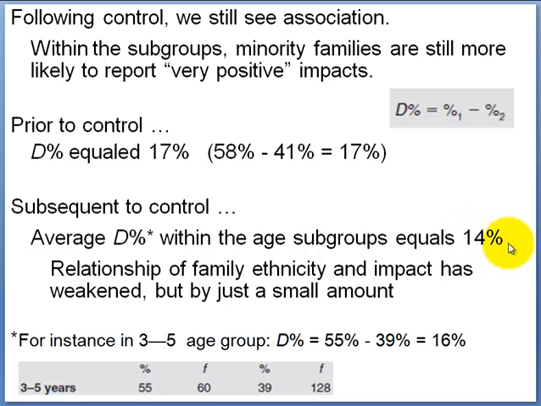So 14% is indeed indicative of a smaller relationship than is 17%, though obviously just barely so. Using this average difference in percentages as a rough barometer, it does appear that within the subgroups, on balance, the relationship of family ethnicity and impact has weakened, but by just the smallest of amounts.